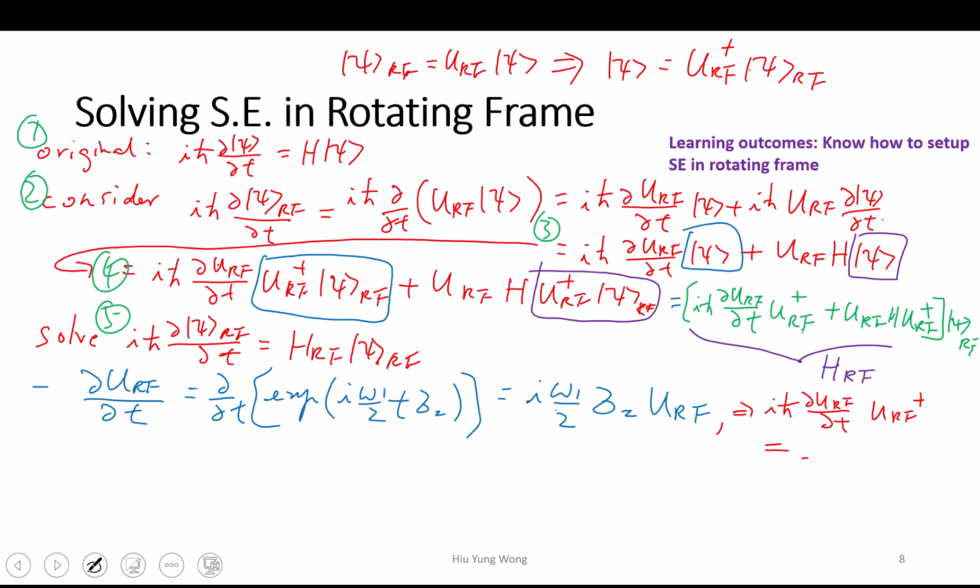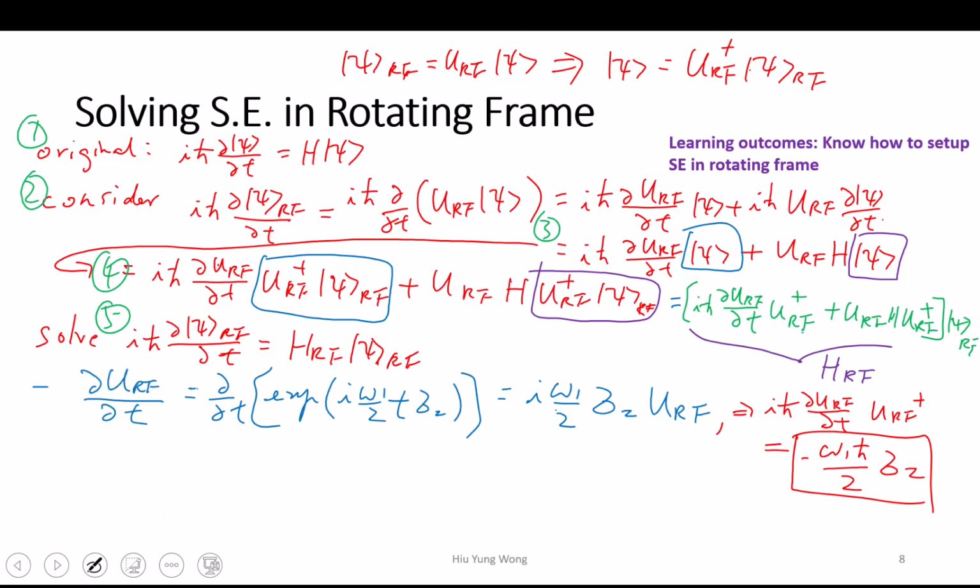So this is negative omega 1 h bar divided by 2 sigma z. This term is very familiar to us. It's equivalent to an effective Hamiltonian with a magnetic field in the z direction, doing the precession. But the main point is this is not time dependent. So that is the first term.